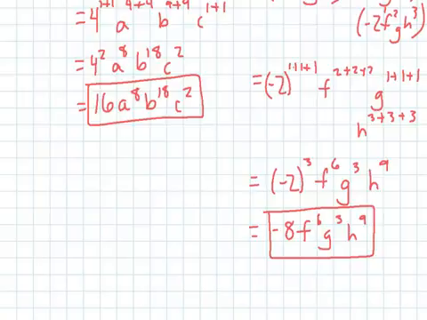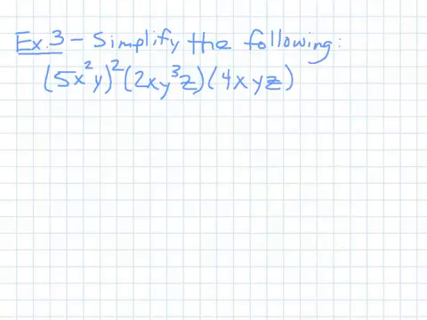So that's the basics. Now I wanted to do one where we're combining all of our thoughts, okay? The 3 properties that we talked about: the product property, power of a power, and the power of a product that I just talked about. So I want to be able to simplify. So just like order of operations, I do the exponents first. None of the other ones have exponents, so you do the power of a product property.